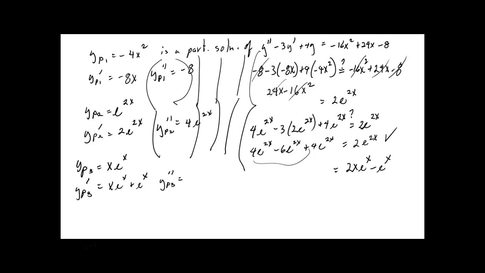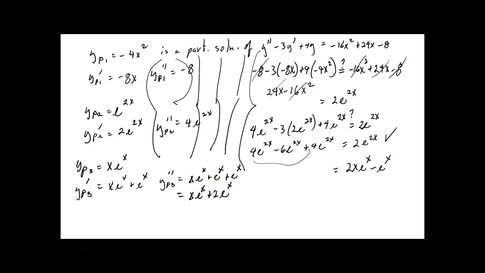Well, the first part is going to be just like that, so that's x e to the x plus e to the x. That's the first part. And then the next is another plus e to the x. So this would be x e to the x plus 2 e to the x.